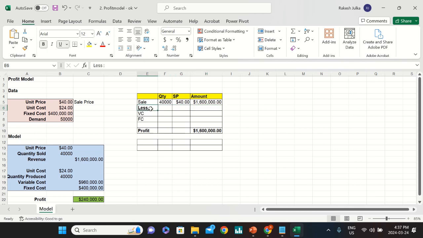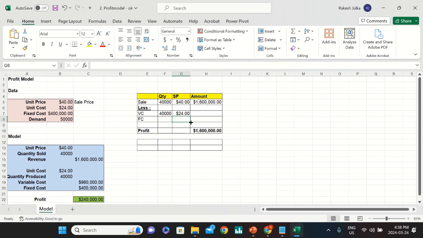Now we will subtract the variable cost and fixed cost. The variable cost totally depends on the quantity produced or demanded or sold, whichever is less. So 40,000 is the quantity, and what is the variable cost? The variable cost is the unit cost of 24, right?